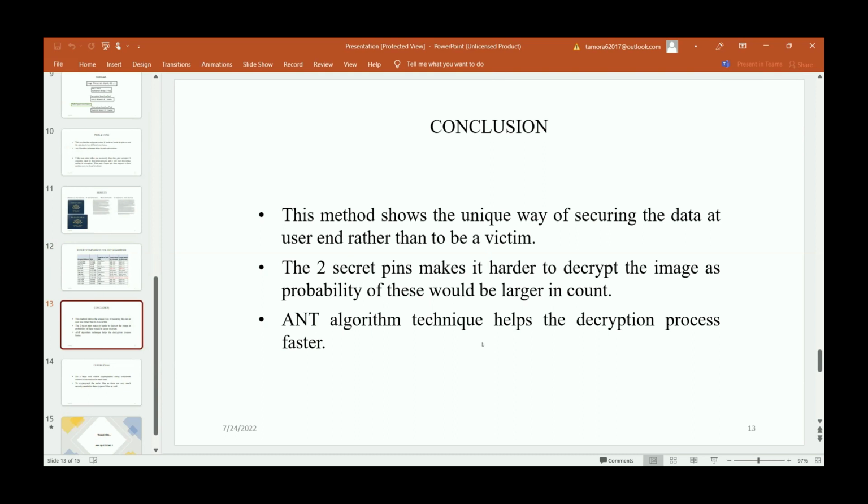And the two secret pins make it very hard, because if a person is trying to decrypt it, the probability or the combination of two secret pins is going to be very large in count. And as I said, the ANT algorithm technique makes the decryption process very fast.